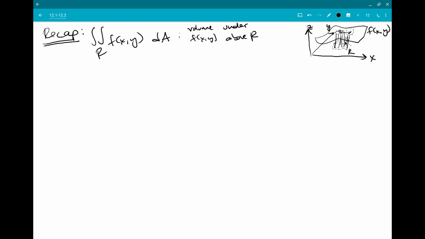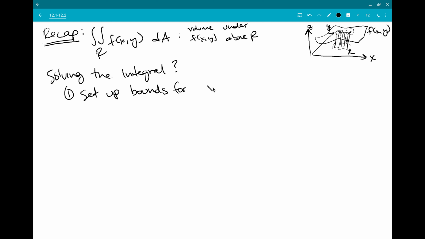Just that intuition about what an integral is holds. To solve this type of integral, what you do is set up bounds for x and y to describe your region R.